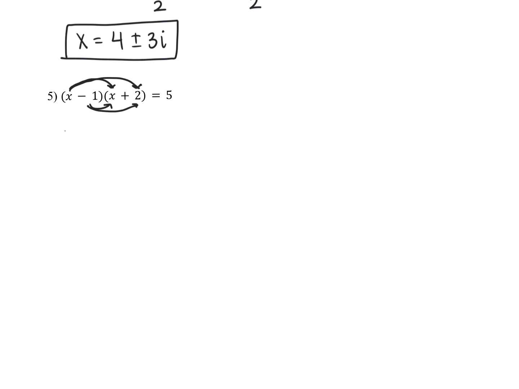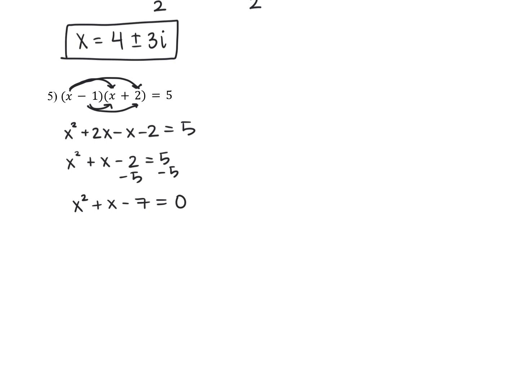So x times x is x squared, x times 2 is 2x, negative 1 times x is negative x, negative 1 times 2 is negative 2, and then equals 5. Combining my like terms, I get x squared plus x minus 2 equals 5. Now I have to subtract that 5 so that it is equal to 0. So we get x squared plus x minus 7 equals 0.